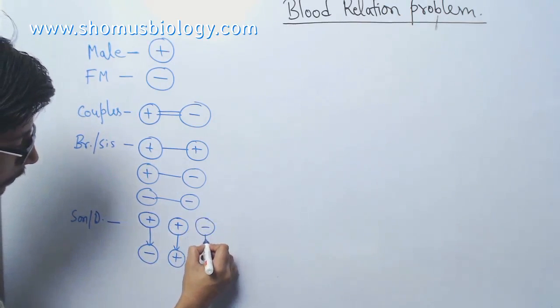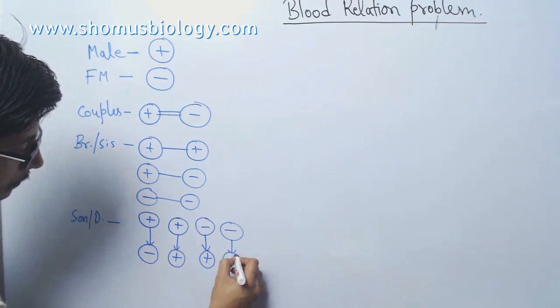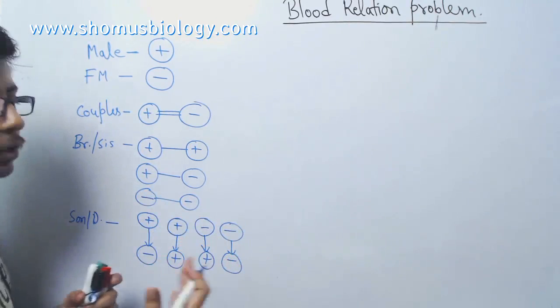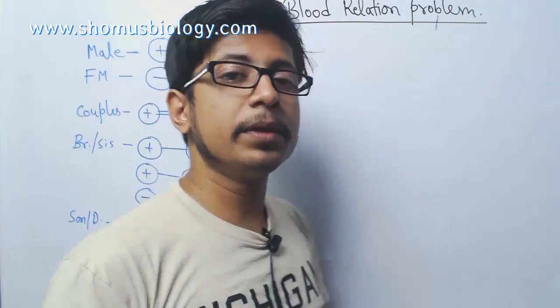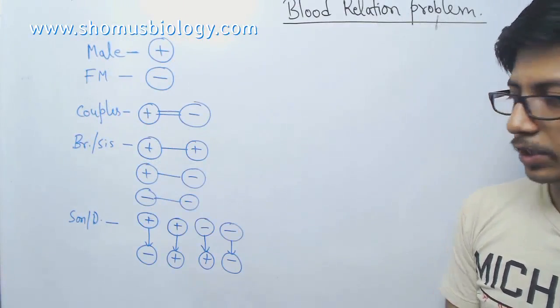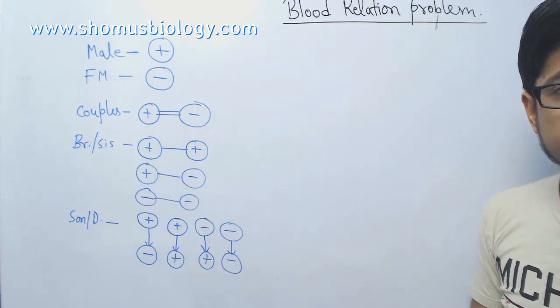The same thing will be there from mother as well. Okay. The arrow will represent the son or daughter. So these are the ways that we are going to represent things. Okay. Remember this representation, and whatever question we solve, we will use this scheme to solve them.